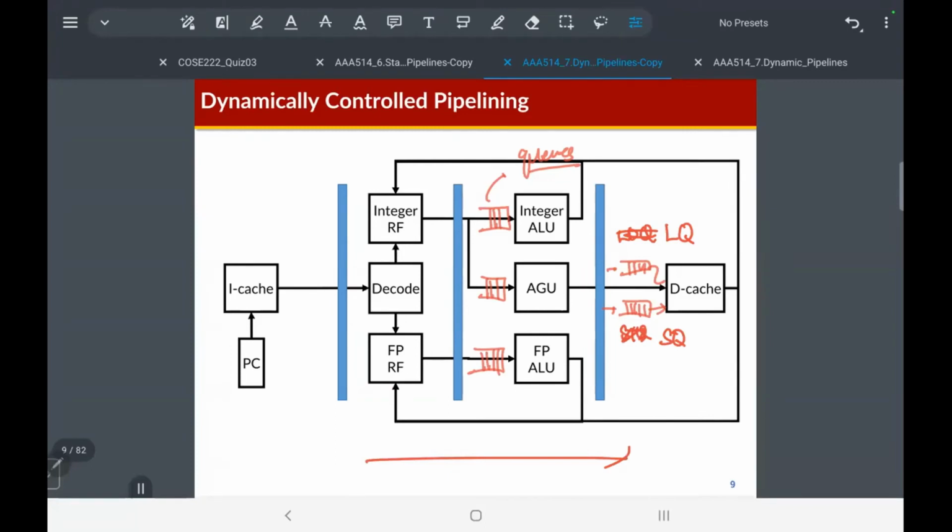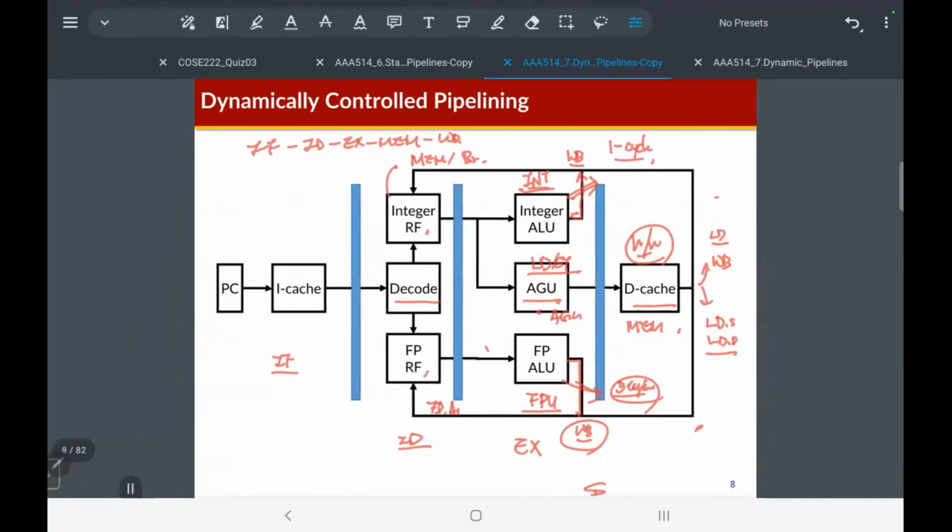We already know that these are the processing engines, and the processing engines may have various delays, which means we also require queues between instruction fetch and instruction decoding, because this part has various delays. So we need an additional queue between the instruction cache and the instruction decoding stage.